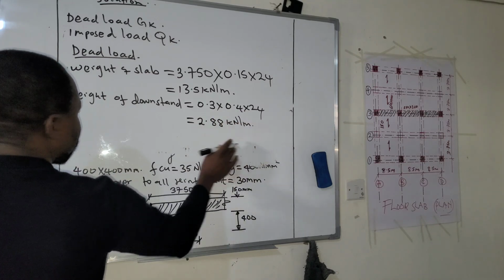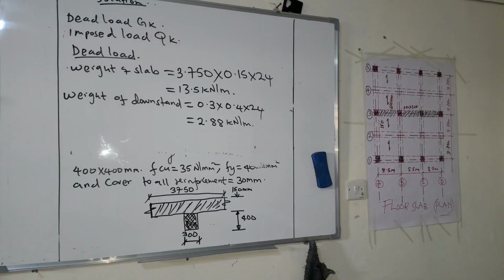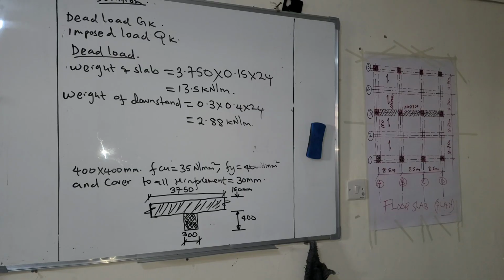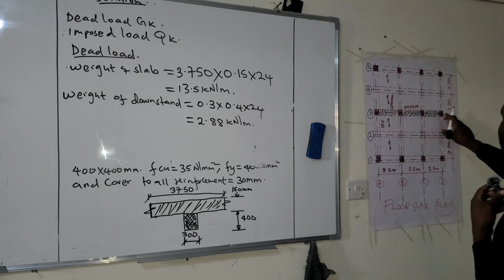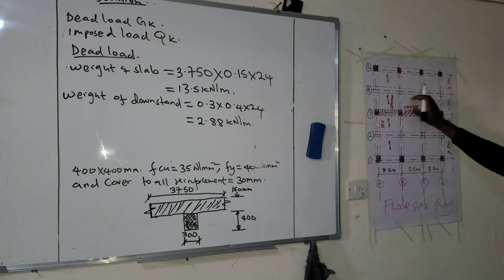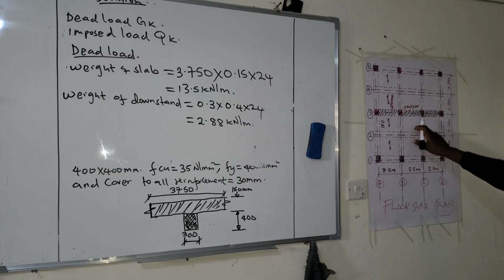So remember, I said that a T-beam will support half of this and half of this. So this beam is supporting a half of this slab and a half of this slab.